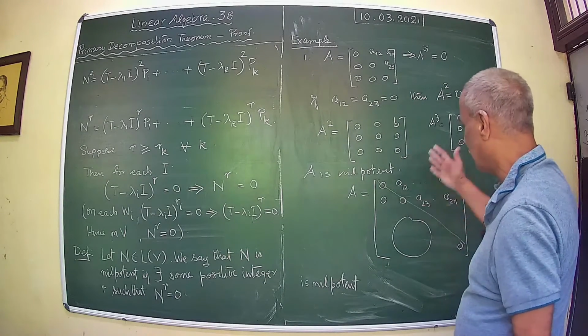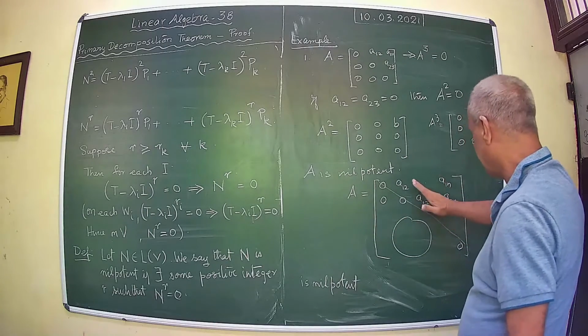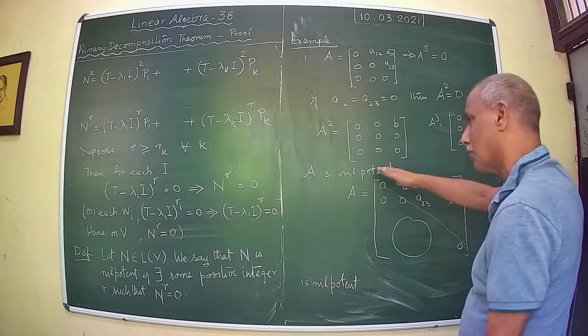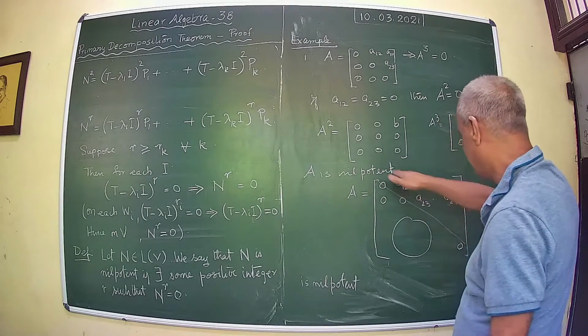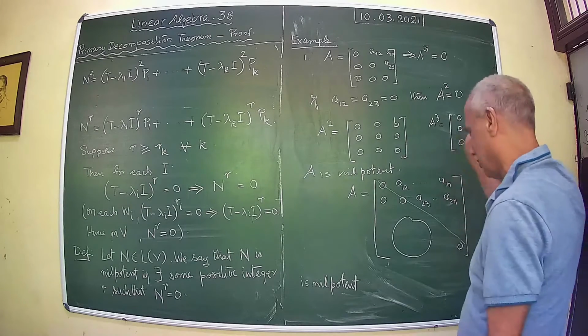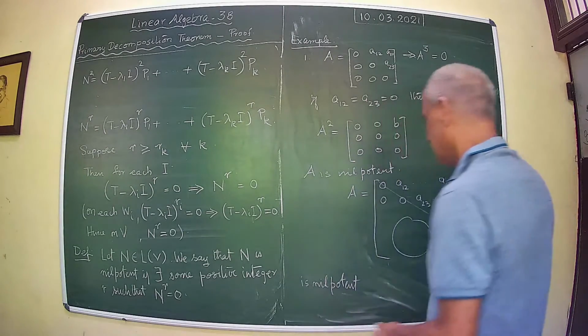The effect of further multiplying with A is that more elements 0 start appearing here, and then in the next stage 0 will start appearing here, and so it's finally 0.